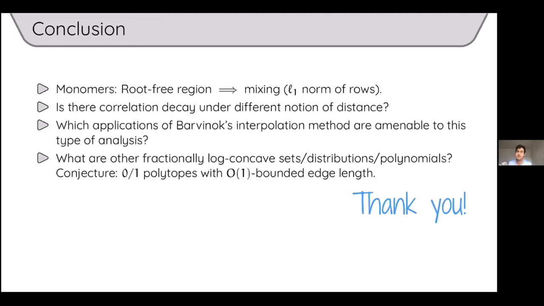So when the edge lengths are bounded by a constant, the correlation matrix should probably have a maximum eigenvalue bounded by a constant too. This is in line with the conjecture of Mihail and Vazirani on mixing of random walks on these types of polytopes. All right, thank you for listening.